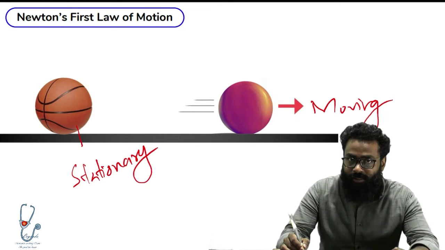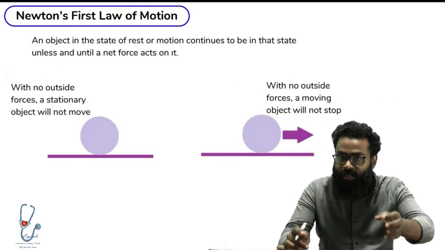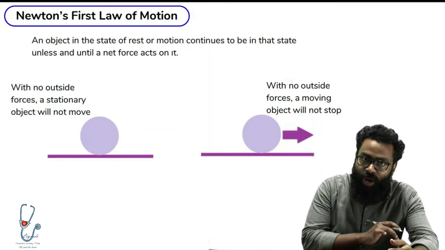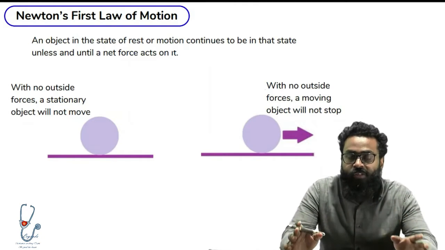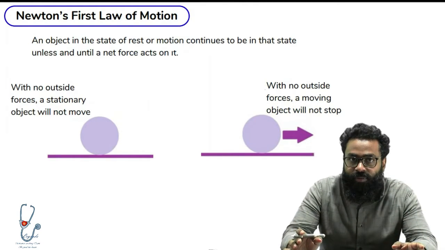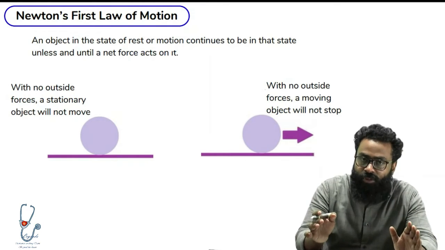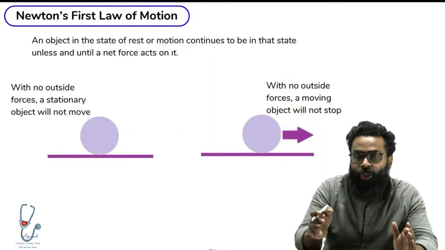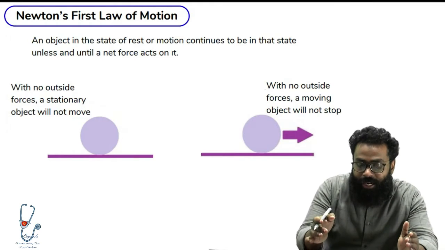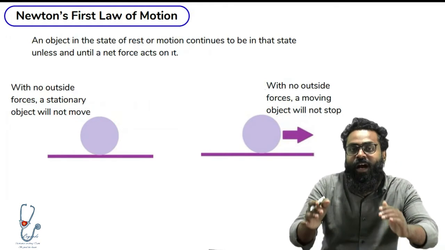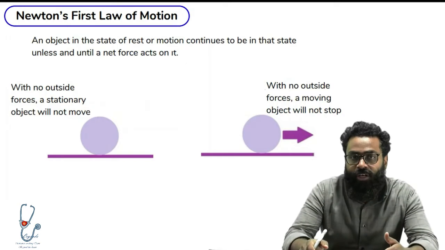Clear that? So in the next slide you see the definition of Newton's first law of motion. Simply, an object in a state of rest or motion continues to be in that state unless and until an external force is given to it.